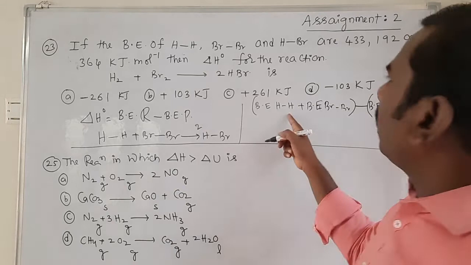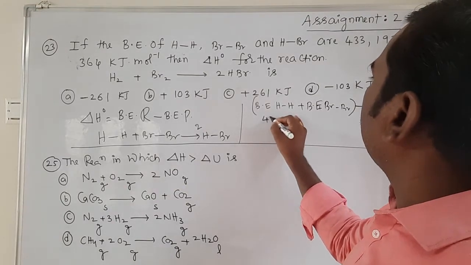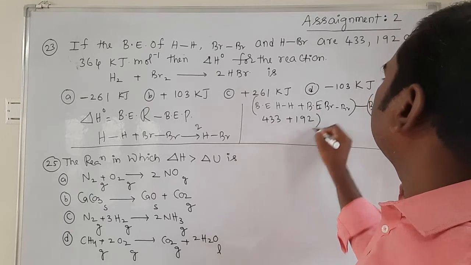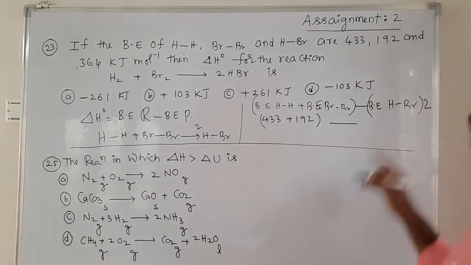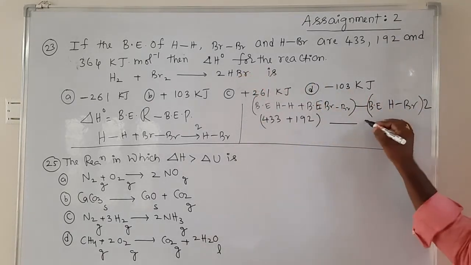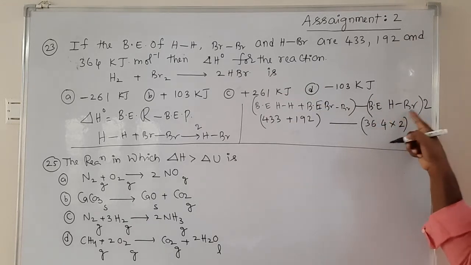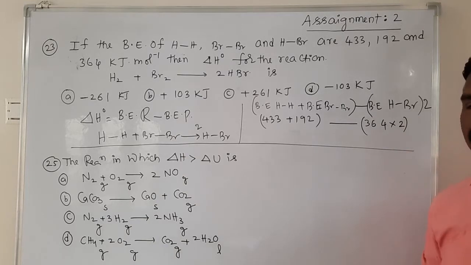Bond energy of H-H 433 plus 192 minus bond energy of HBr 364 into 2. 2 HBr, that's why into 2. If you solve, you will get the answer.